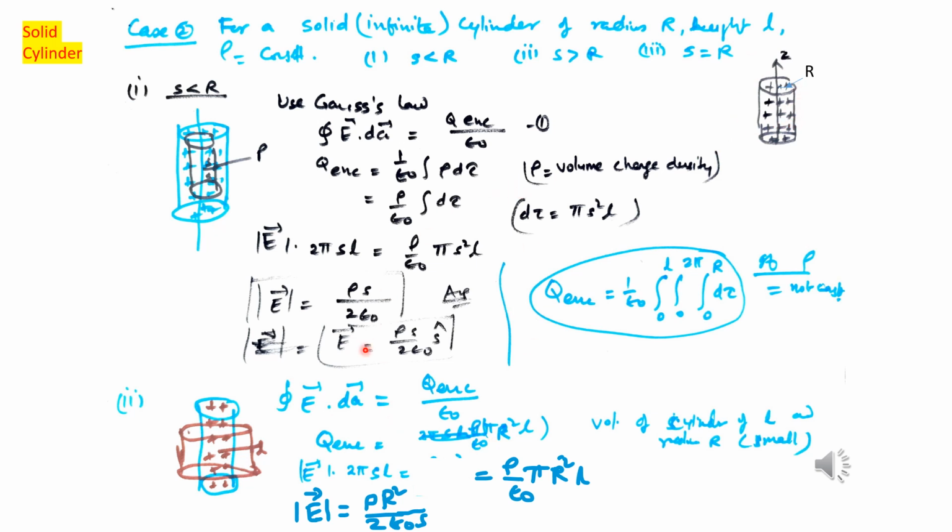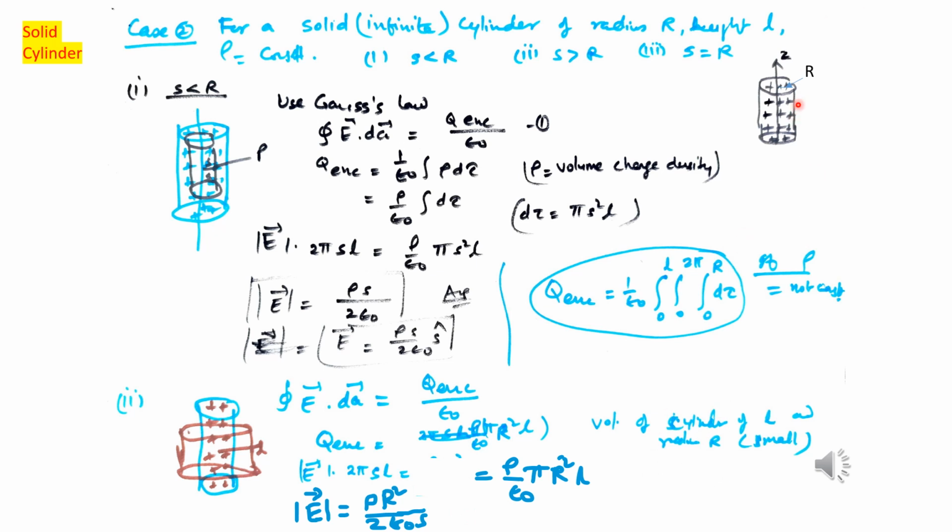So the limit for s will be 0 to capital R. So pi capital R square L will be the d tau element, rho by epsilon naught pi capital R square L, and left hand side will be E into 2 pi sL equal to rho into R square by 2 epsilon naught s. So from here we can simplify it, and then we can find out the E.